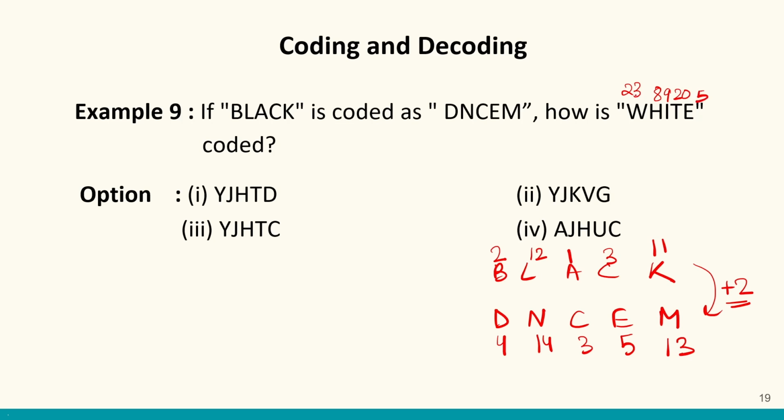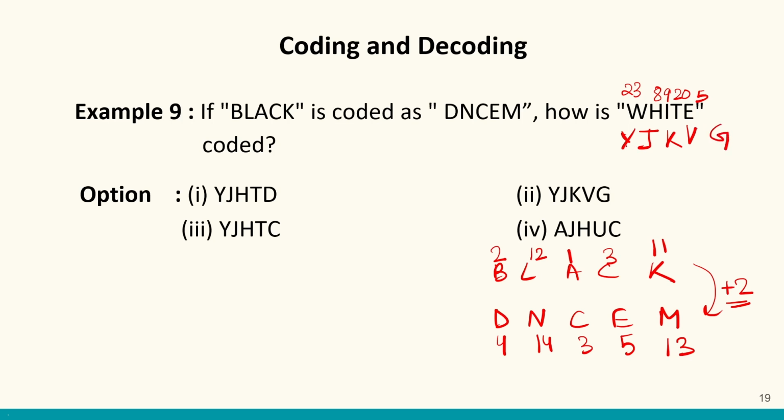So from 23, if we have to move 2 positions forward, we have to find 25th position, which is Y. From 8 to 10, which is J. From I to 11, which is K. From T to 22, which is V. And from E, if we have to move 2 positions forward, we'll get G.